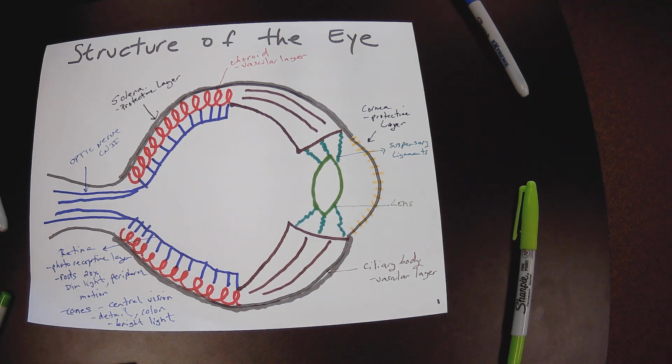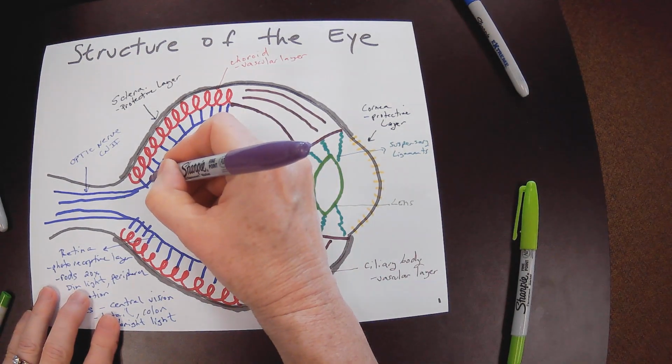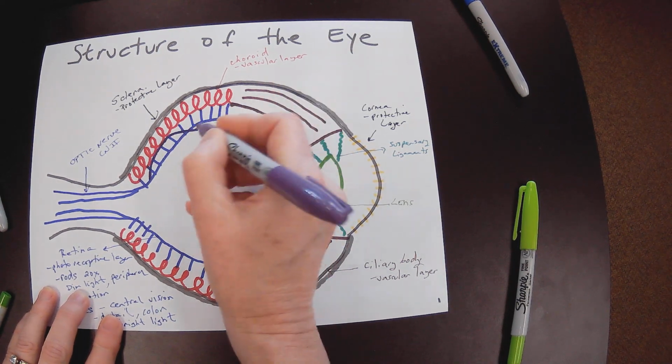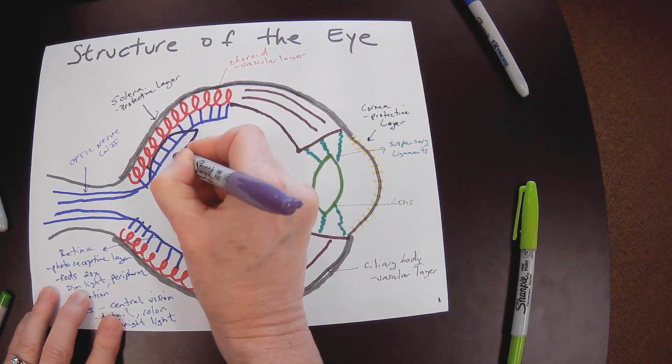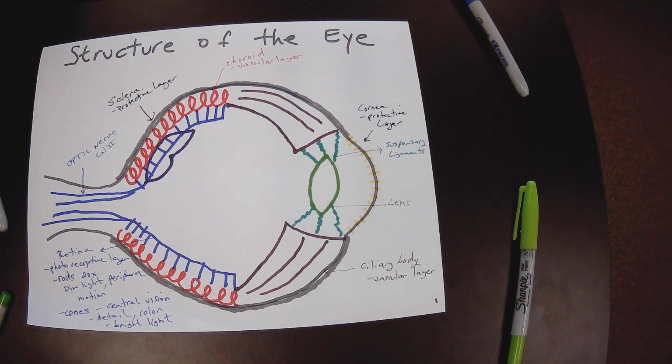Let's make that purple. So there's this structure back here. And it's part of the retina outright, but it's a special part of the retina that's high in the concentration of cones. Anyone know what that's called?